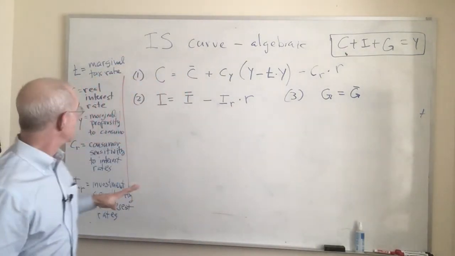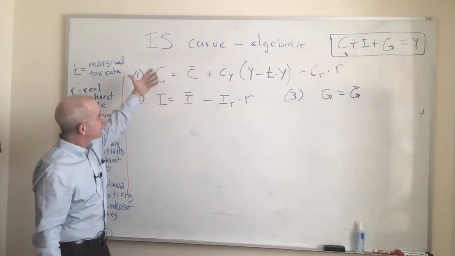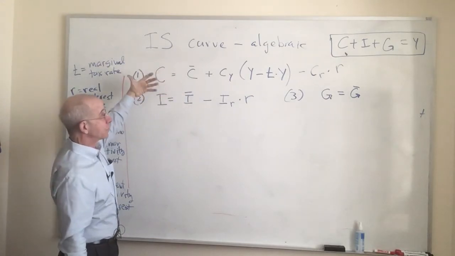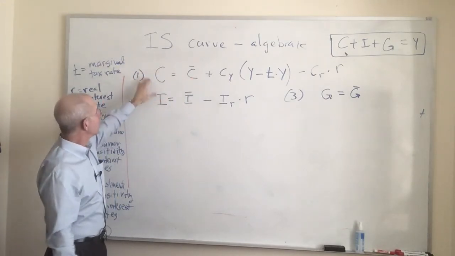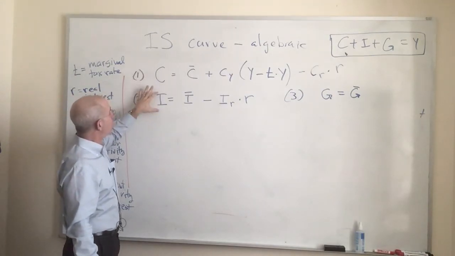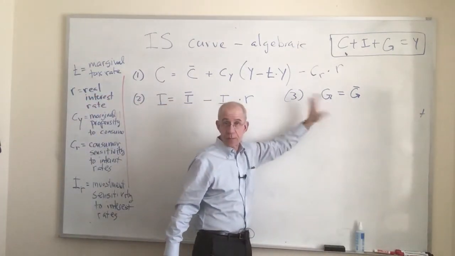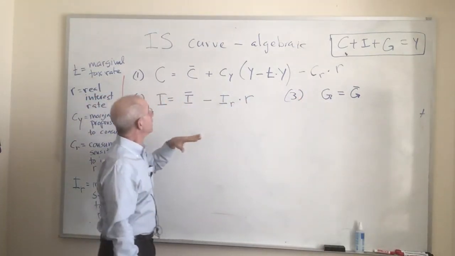illustrate in these equations. So we have three different equations for the relationships that we've got up here. One is the consumption function, one is an investment function, and the other represents government spending. Okay, let's look at these in isolation.